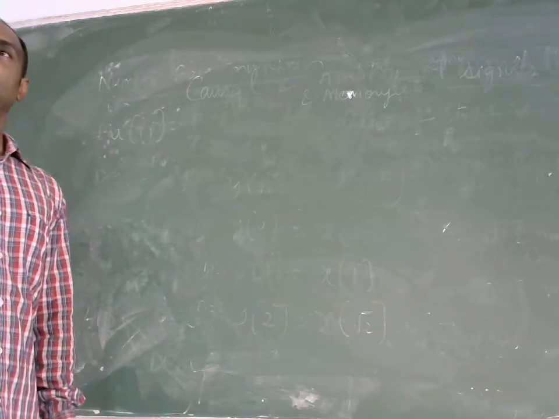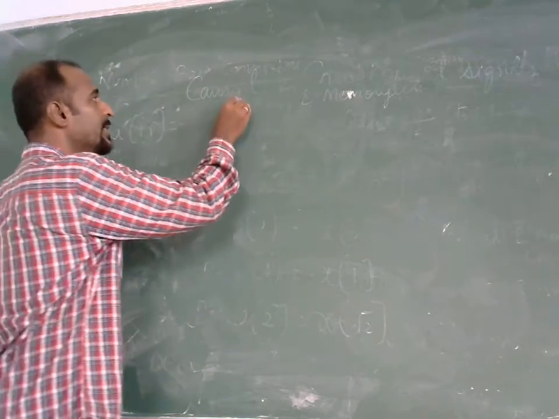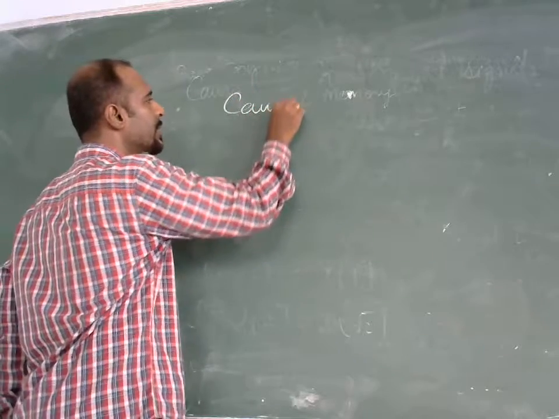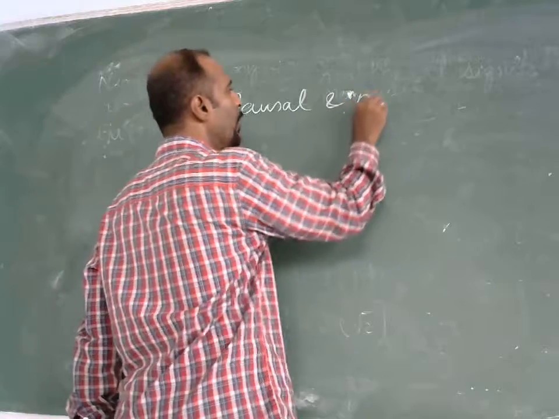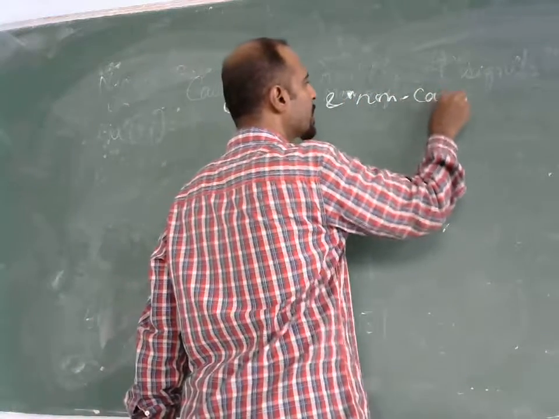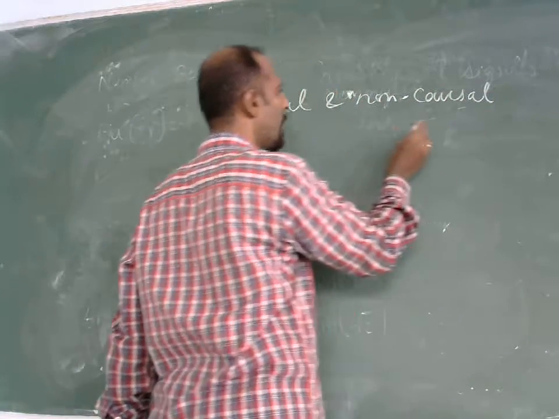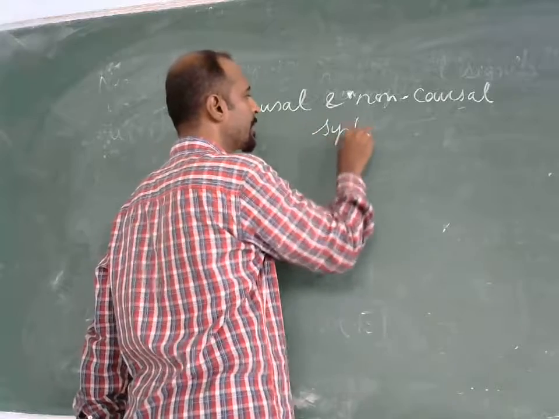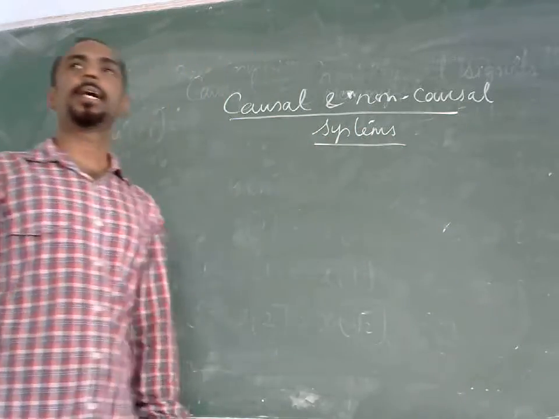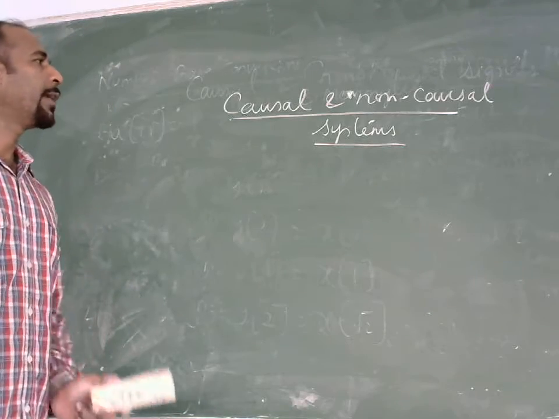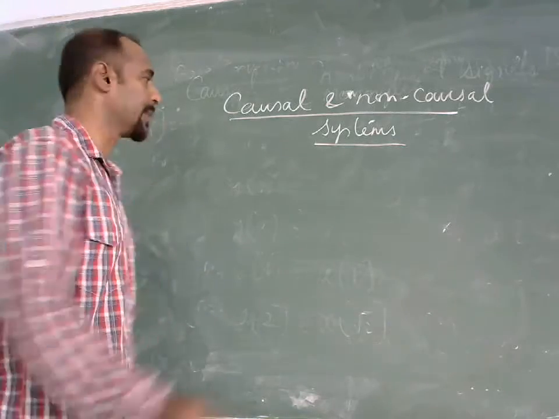Next, let us look into what are causal and non-causal systems. So similar to the signals, here we are dealing with causal and non-causal systems. So when do we say a system is a causal system, and when do we say a system is non-causal?